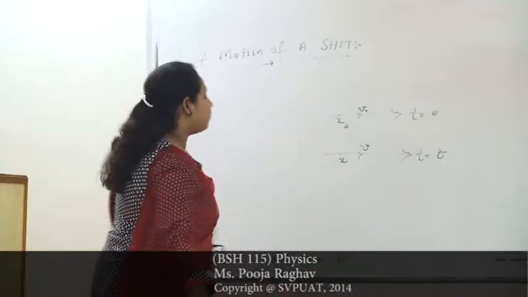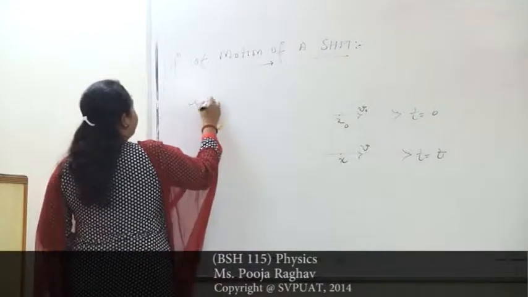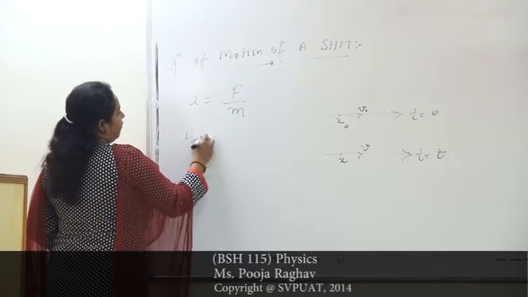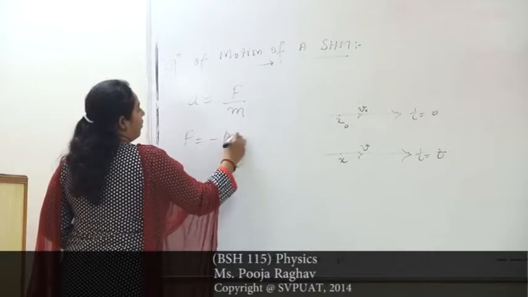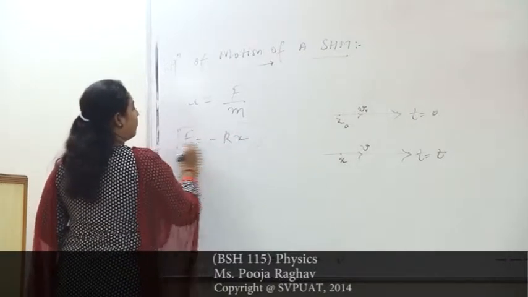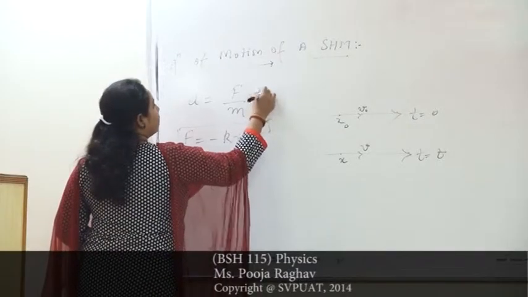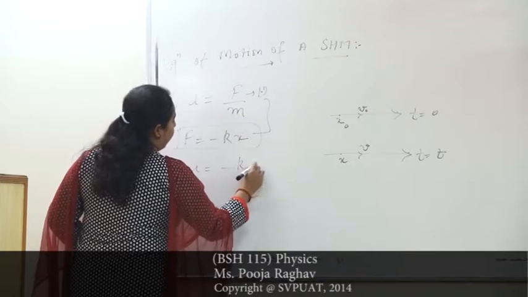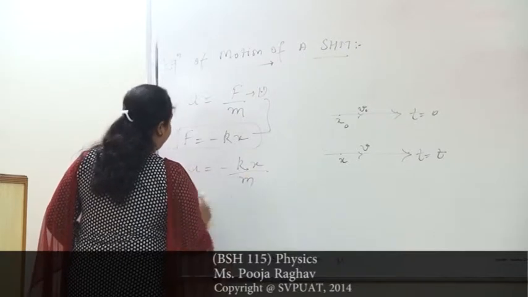Then the acceleration of the particle is a equals F upon m. We put force equals minus kx into equation 1, so a equals minus kx upon m.